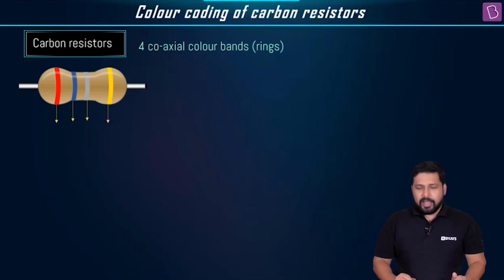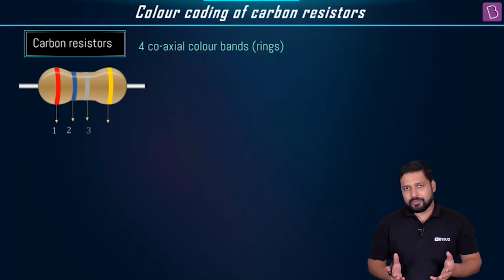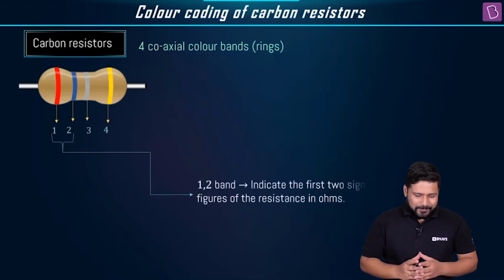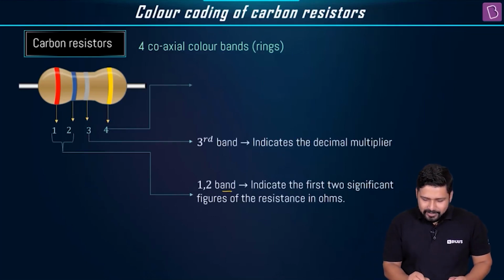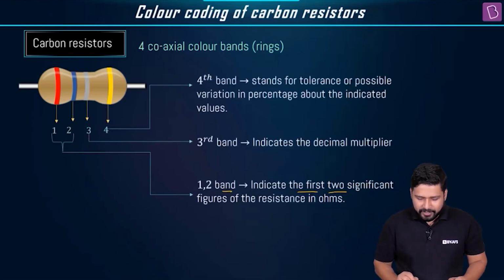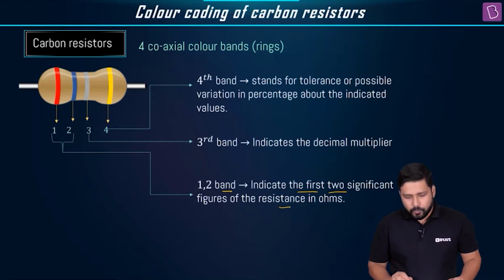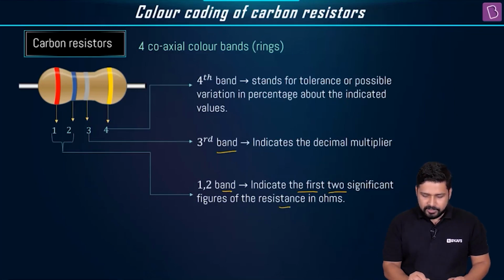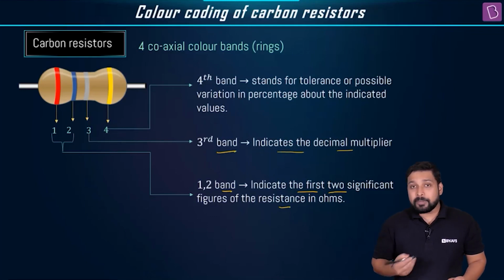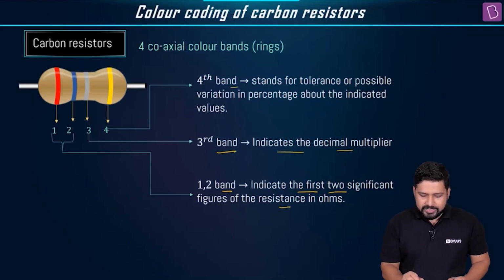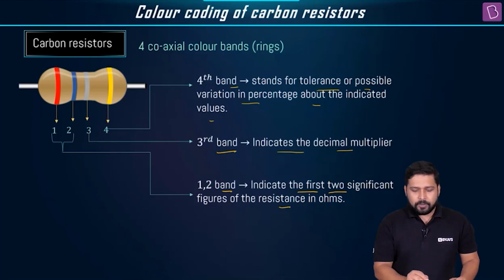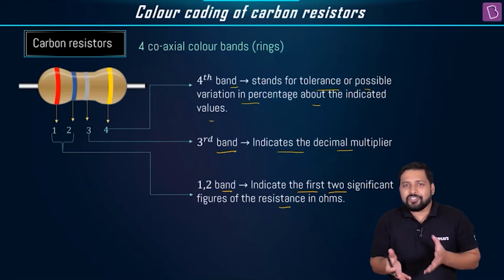Come on, I'm sure that you guys are taking running notes. So 1 and 2 indicate the first 2 significant figures of the resistance in ohms. The third band indicates the decimal multiplier, and the fourth one stands for tolerance or the possible variation in percentage about the indicated value. So the range basically.